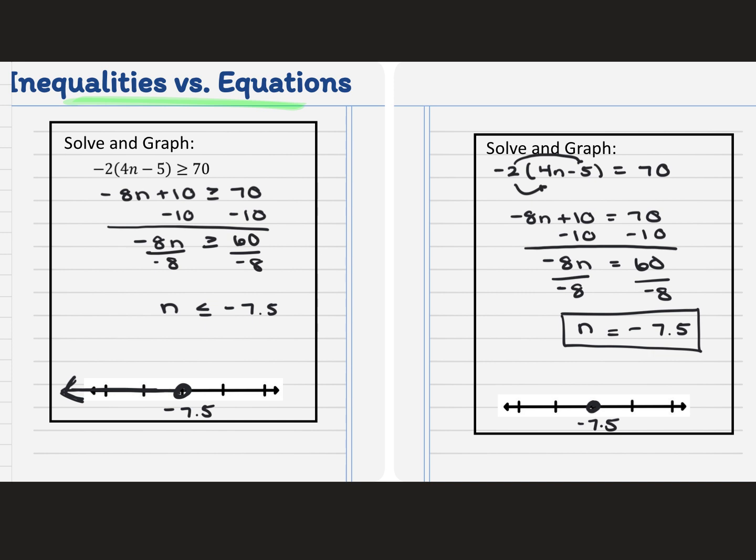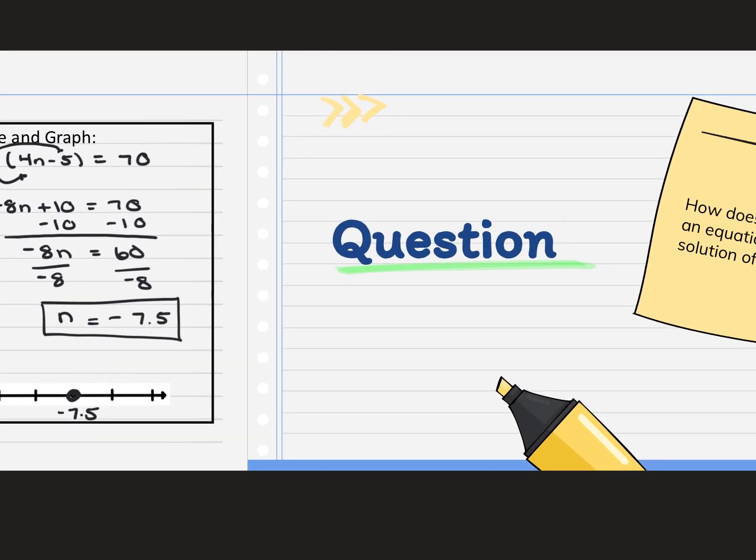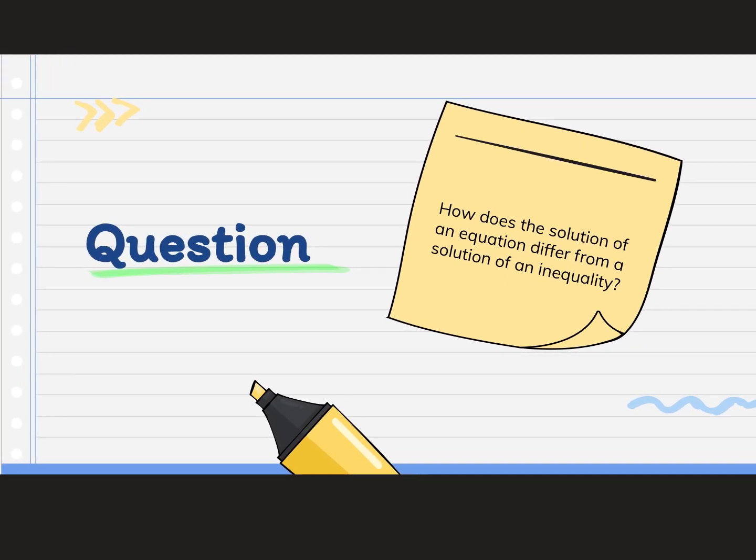All right, so looking here, this is going to be the question at the bottom, but I believe it's the next slide on my page, which asks you to compare the solutions of inequalities versus equations. I'm going to go ahead and slide the page over. This is at the bottom of yours. How does the solution of an equation differ from the solution of an inequality?